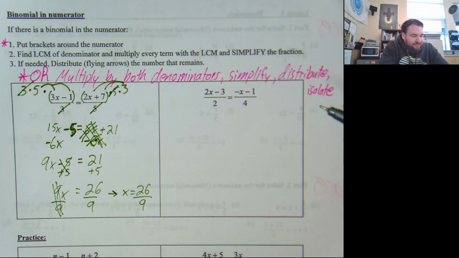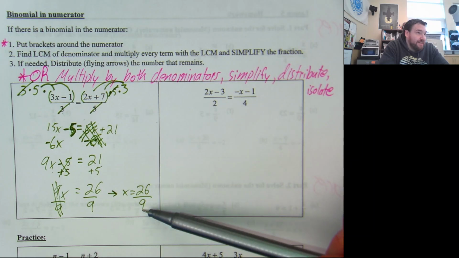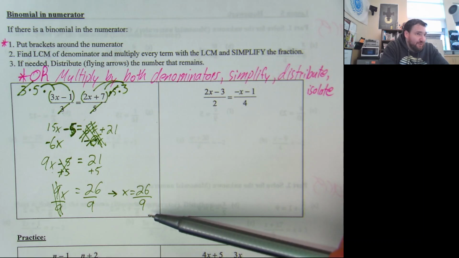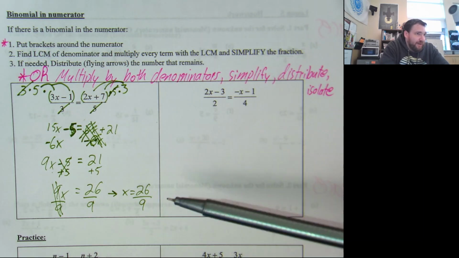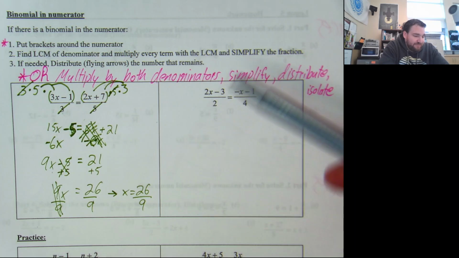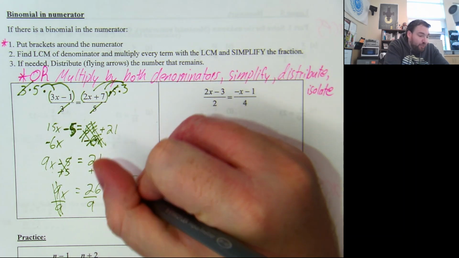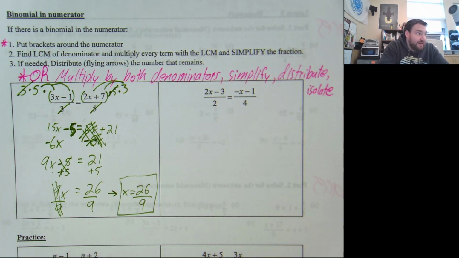It would be 2.8 repeating, because 9 goes into 26 twice, and then 26 minus 18 is 8. So it would be 2 and 8 over 9, which is 2.8 repeating. If you wanted to go that route. But leaving it as a fraction is totally acceptable, and I would encourage you to get comfortable with that.